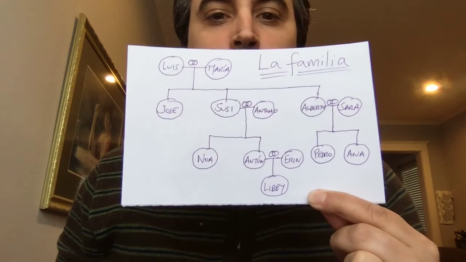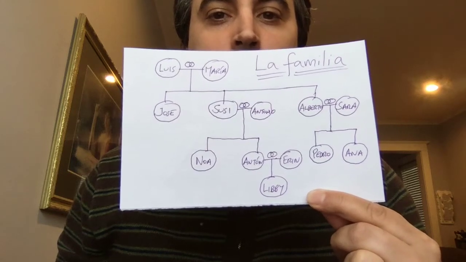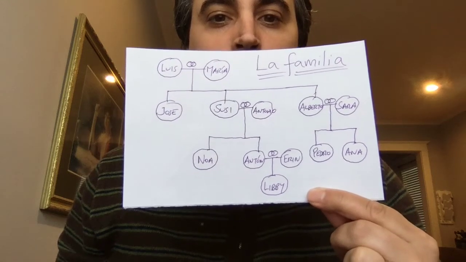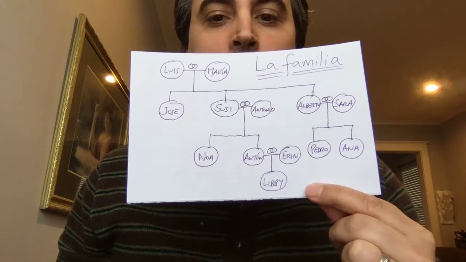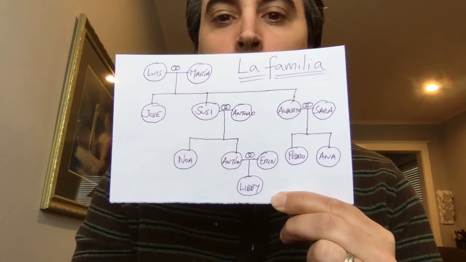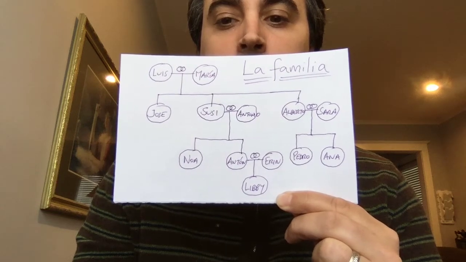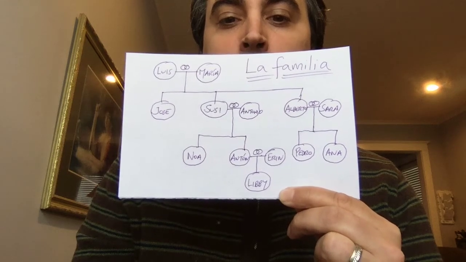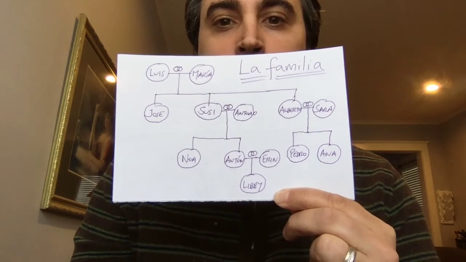Now, I'm going to ask you a few questions, and you should answer these questions following more or less the same pattern that I just was using. For example, ¿quién es Erin? Erin es la esposa de Antón. Here we go. ¿Quién es Ana? Ana es la prima de Antón. ¿Quién es Luis?